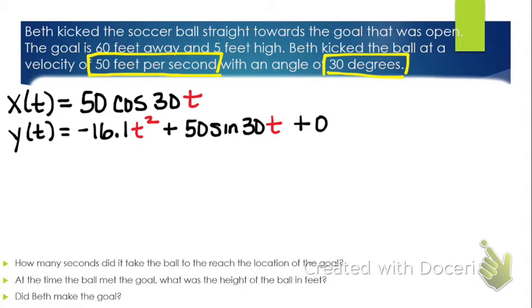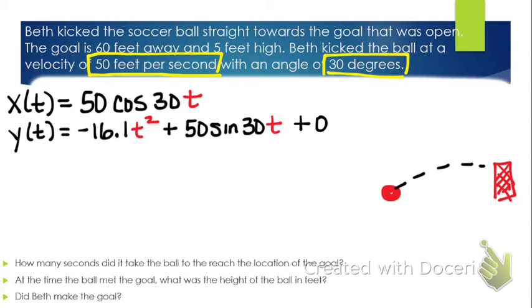So it says, how many seconds did it take the ball to reach the location of the goal? So when she kicked the ball, the goal was here. We want to know how much time it's going to take for it to travel.